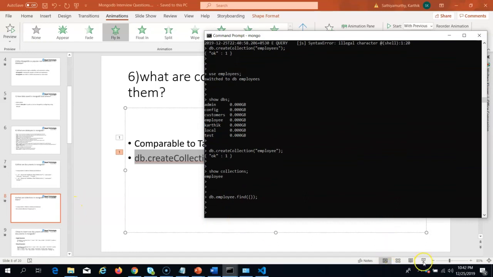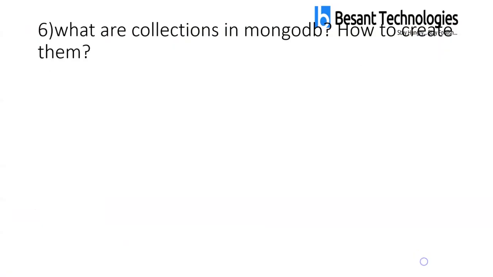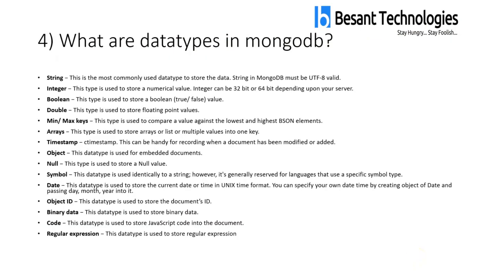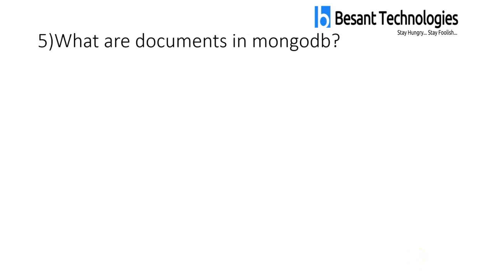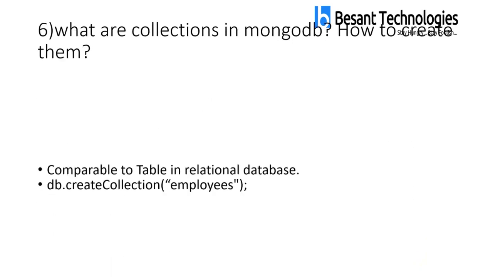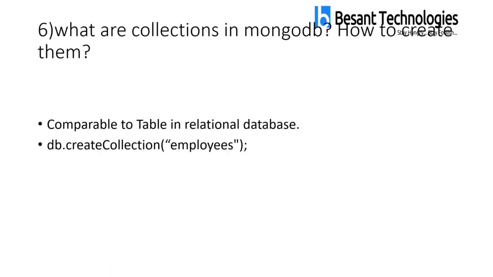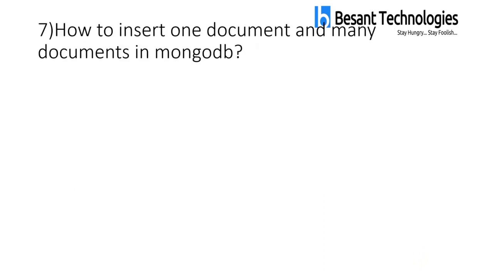So let me go to the next question. I hope you understood how to create a collection, right? We have created a collection called employee. Now we want to insert some documents, some entries, into that collection.